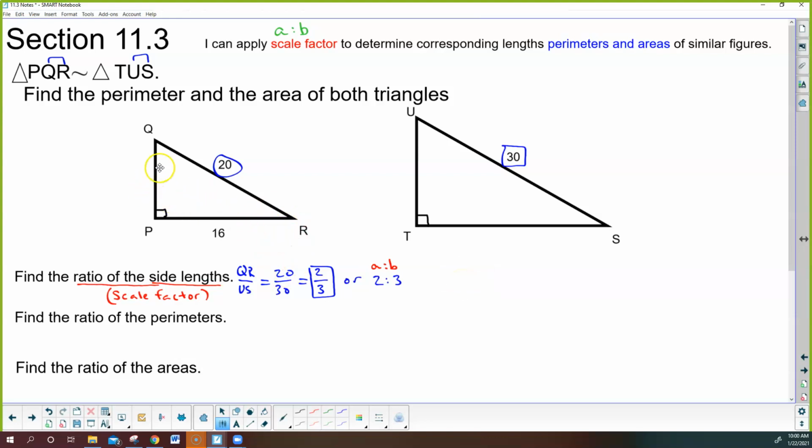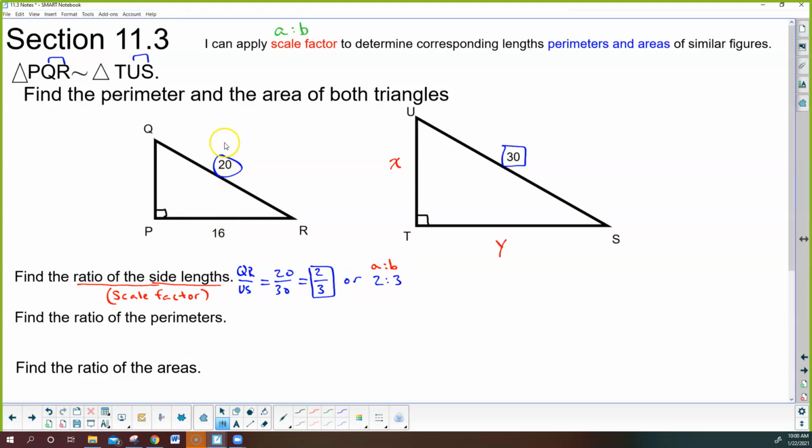So what I want to do then is find the missing side lengths. And let's call this side X and maybe this side Y, because then I'm going to find the perimeters and the area. And actually, I should find this piece here as well. Notice this is a 3, 4, 5.